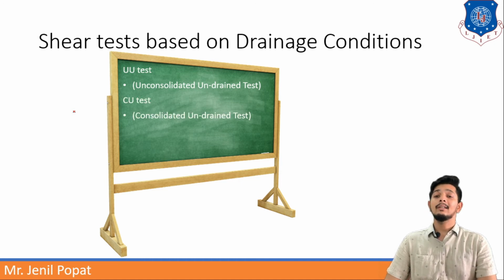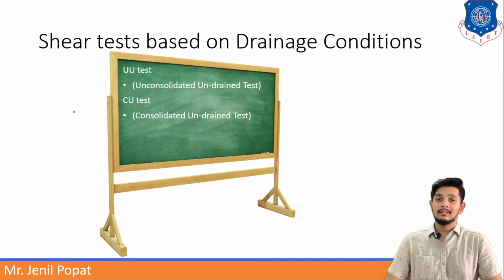Second one is the CU test, that is the consolidated undrained test. Now, in the CU test, the first stage will be the consolidation stage, and in that stage, moisture is allowed, or we can say water is allowed to touch it.